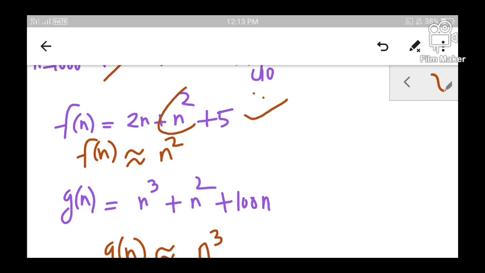Here the power of n is 1, here the power of n is 2, and this is a constant term, so the power of n is 0, because 5 is equal to 5 into n raised to 0. So the power of n associated with each term is calculated.